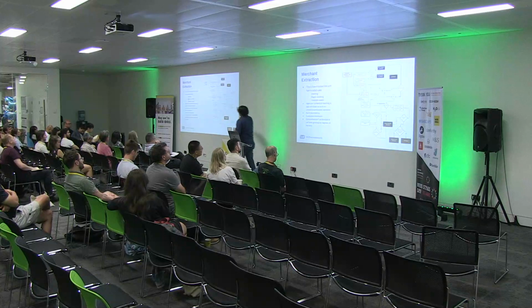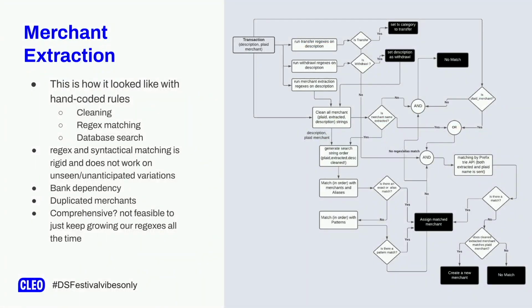We have lots of logic at the back end, which checks what the transactions are, what the descriptions are, how we can match them with the existing merchants that we have, or some of the patterns that we can deduce. But even before that, we have to do some cleaning to extract the relevant strings.